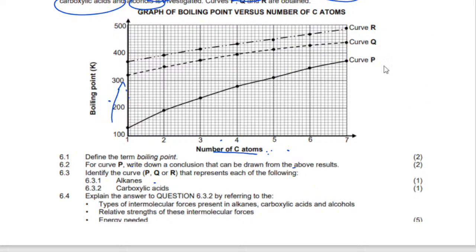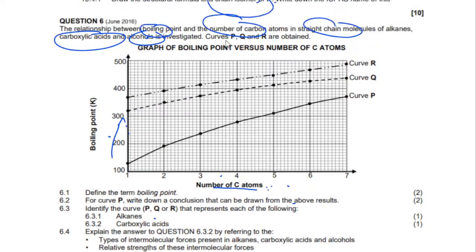Identify P, Q, R that represents each of the following alkane. Remember that alkane has only London forces. Alcohol has London forces and hydrogen bonds. Carboxylic acid has dipole forces, hydrogen bonds and London forces.